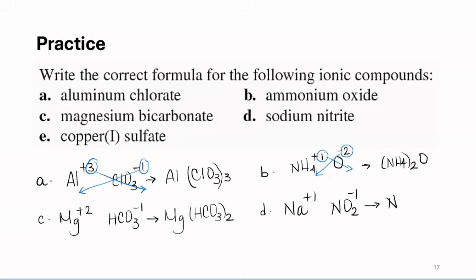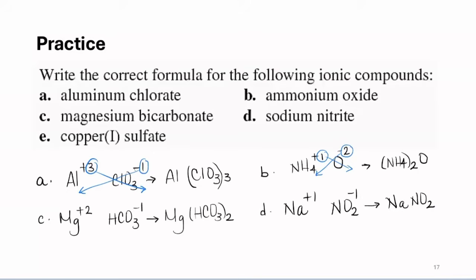So my final answer is NaNO2. Notice that in this case, the subscript that NO2 has is a 1, so you must not write parentheses. The parentheses are only utilized when your polyatomic ion gets assigned a subscript of 2 or more.